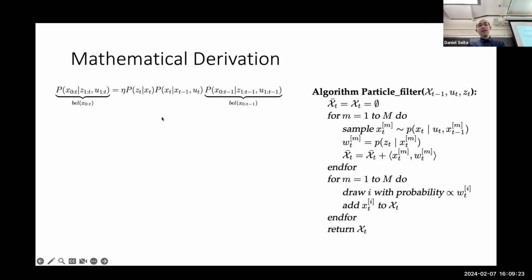Now, if you look at the book, they consider x from 0 to t, so it's not like Bayes filters where you only had xt. Here they do x 0 to t, and so they reason about the full history of where a single particle might have been. I think the reason they do that is just to make their argument mathematically more convenient when they're trying to derive the particle filter algorithm.